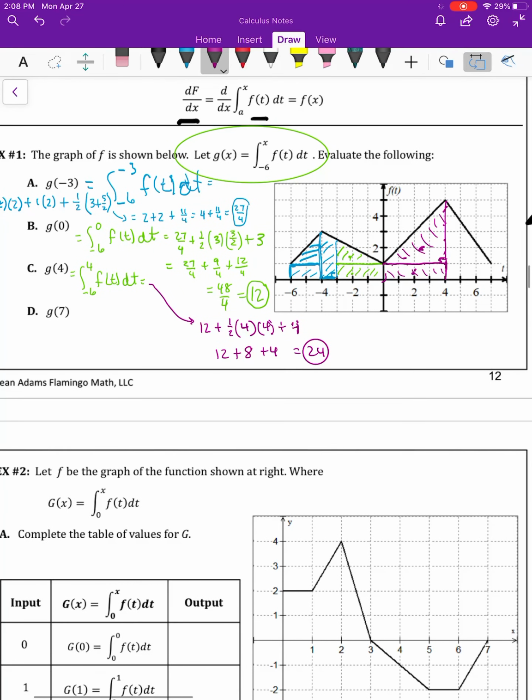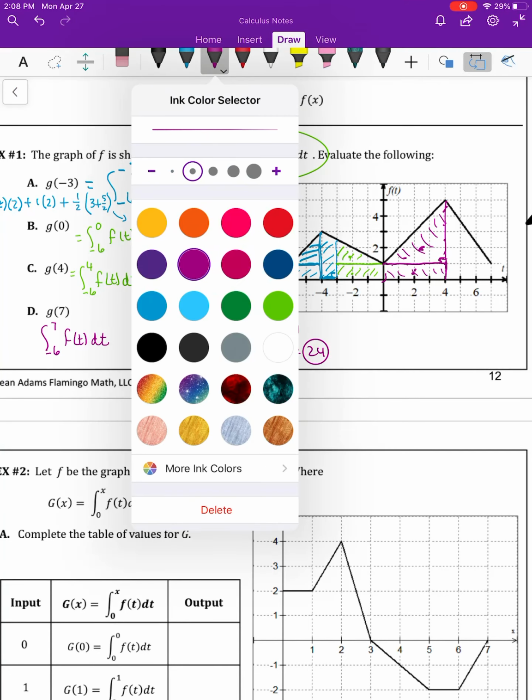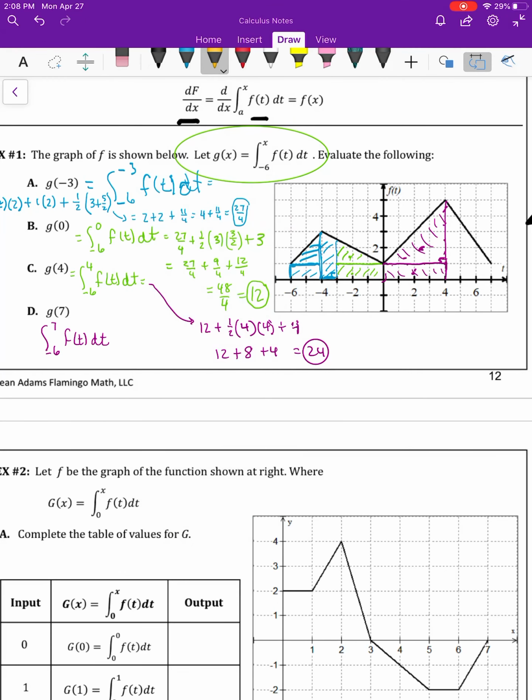And lastly, they want us to calculate g of 7. So that's the integral from -6 to 7 of f of t dt. Let me get a different color here, how about yellow. So that means I'm going to go all the way to here. And I'm going to, again, do a triangle and a rectangle.